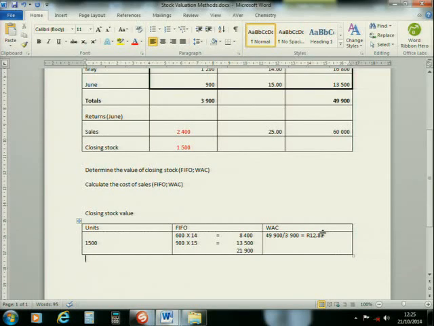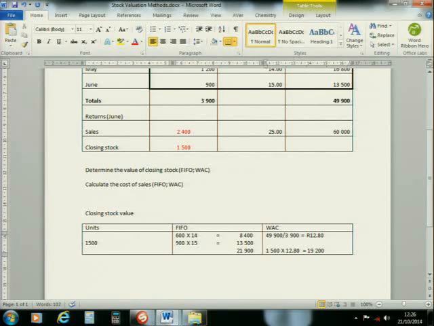And how many units are we left with? To determine the weighted average, it is the number of units remaining after the sales transaction: 1,500 remaining units times the average cost price of 12.80, and that will give us 19,200.